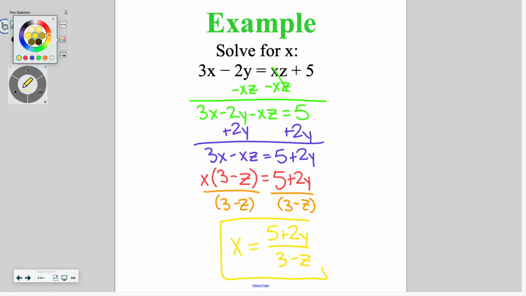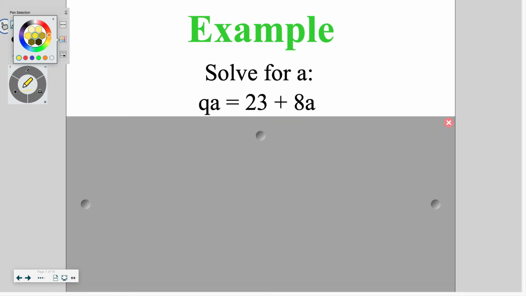So we rearranged and got the variable that we wanted to be on the same side of the equation, moved everything else to the opposite side, used a reverse distributive property to pull that variable out to be its own thing, and then divided by what was left over. Go ahead and try this one on your own.